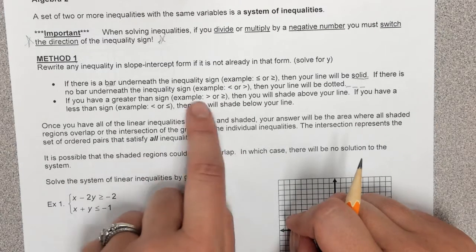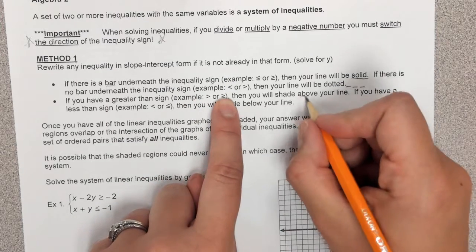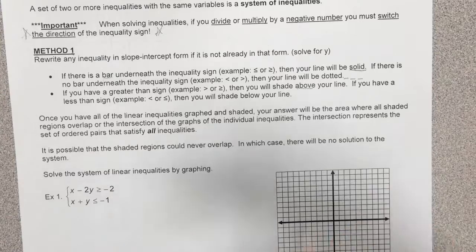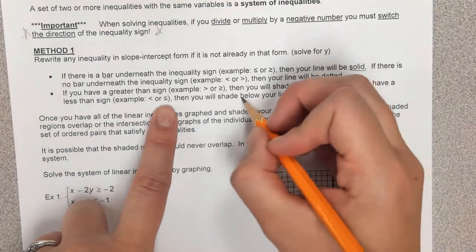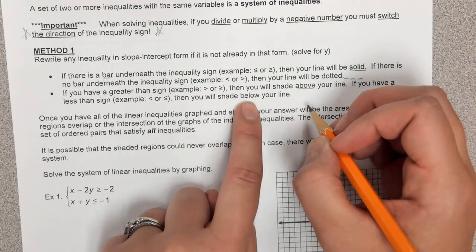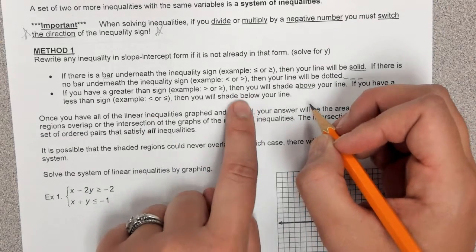If we have a greater sign, then we're going to shade above. That's logical, right? Like greater, above. And if we have a less symbol pointing to the left, we would shade below. But that's only for when we have slope-intercept or point-slope form.